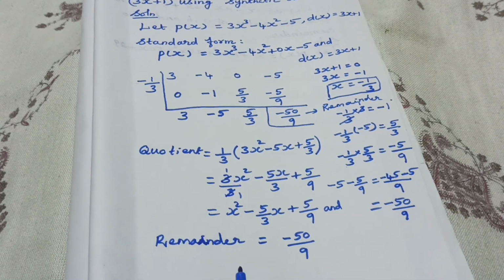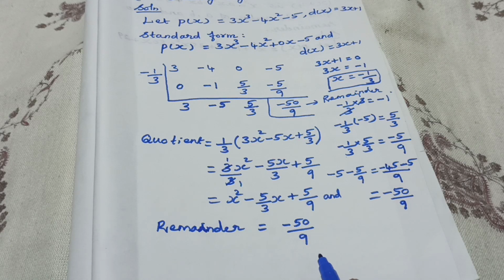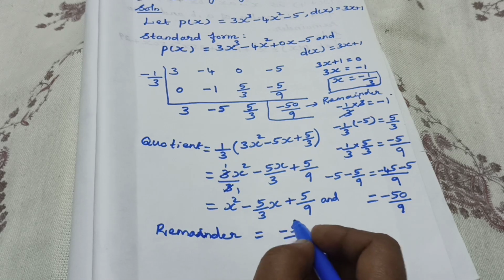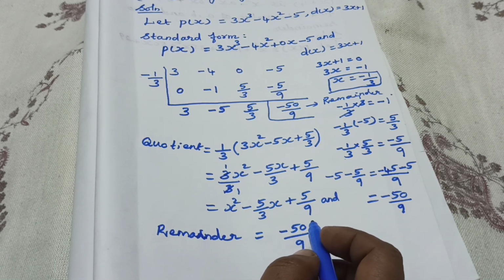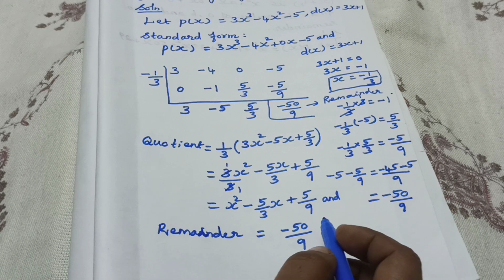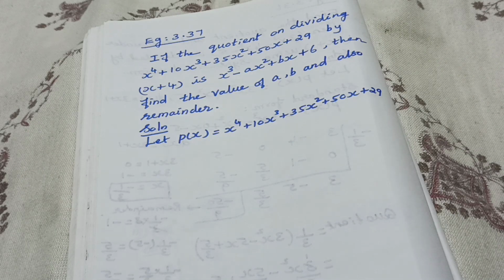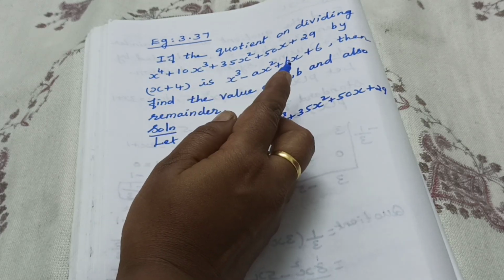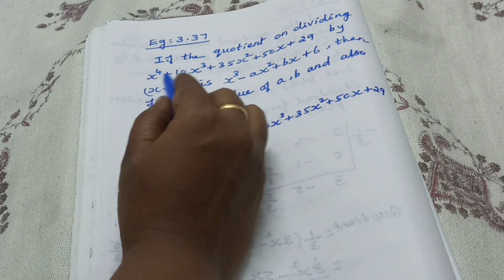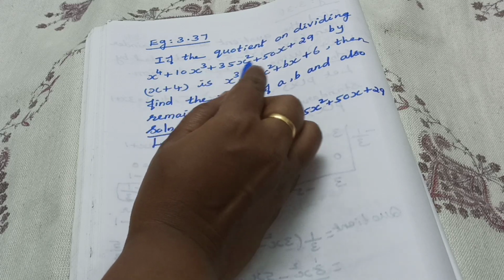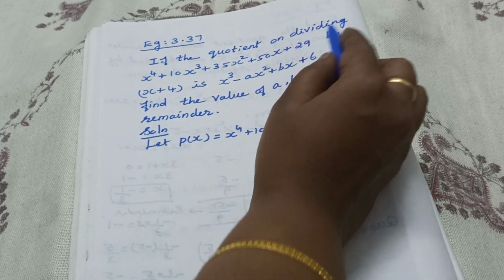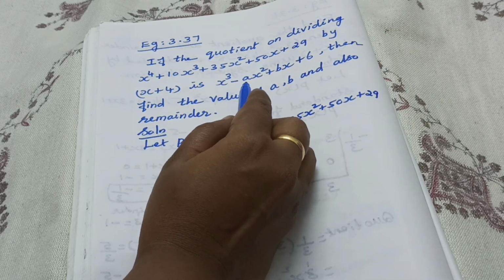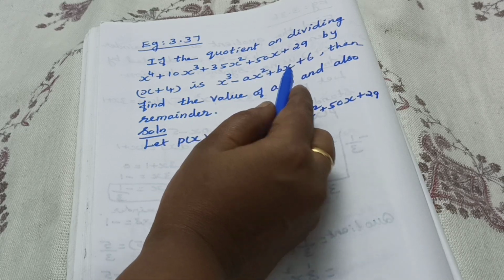Each term you should multiply and cancel, then the remaining is the last answer. Any doubt? Have you understood? Otherwise another method also you can do. The book gives another method; that method also you can follow. Then example 3.37: if the quotient on dividing x power 4 plus 10x cube plus 35x square plus 50x plus 29 by x plus 4 is x cube minus ax square plus bx plus 6.